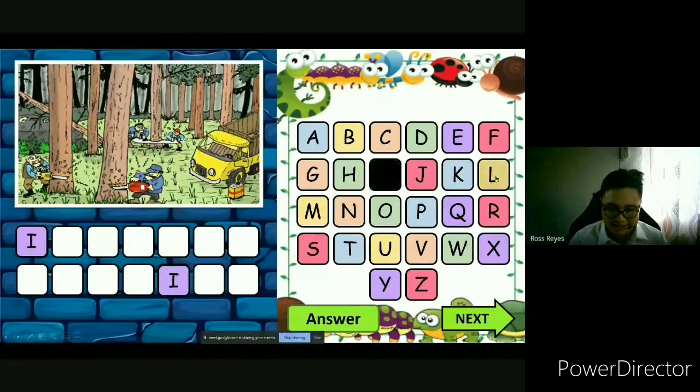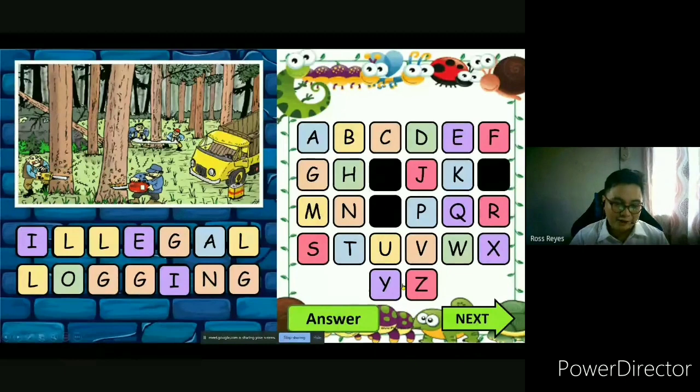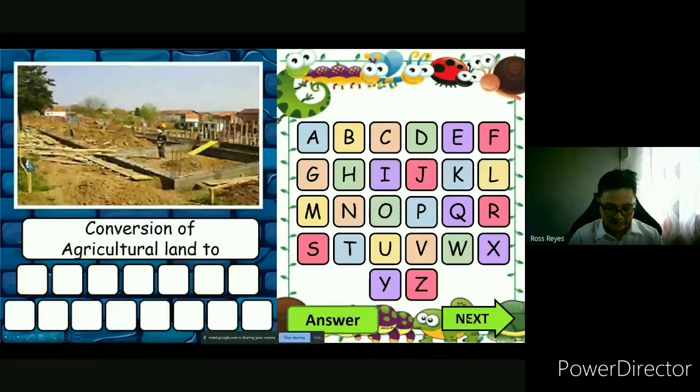you want to try. All right. This is illegal logging. Illegal logging is the harvest or transportation or purchase of timber in violation of the law. Let's have the other puzzle.